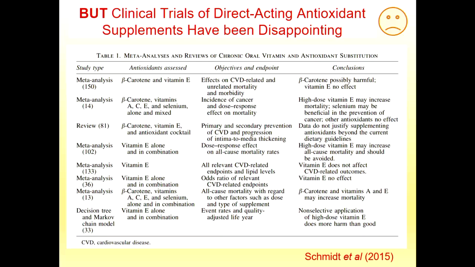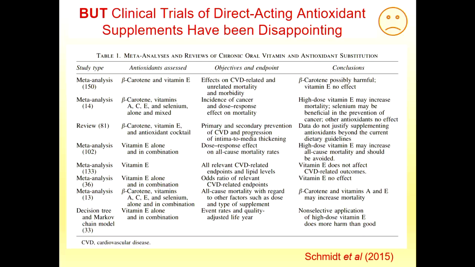In a lot of these studies you can see high-dose vitamin E may increase all-cause mortality, vitamin E does not affect cardiovascular disease-related outcomes, no effect. Beta-carotene, vitamins A and E may increase mortality. So more harm than good. These sorts of conclusions reach from doing these meta-analyses of vitamin supplementation clinical trials.